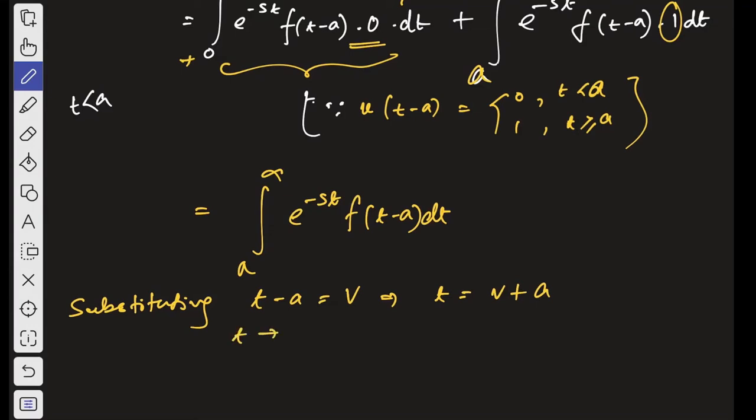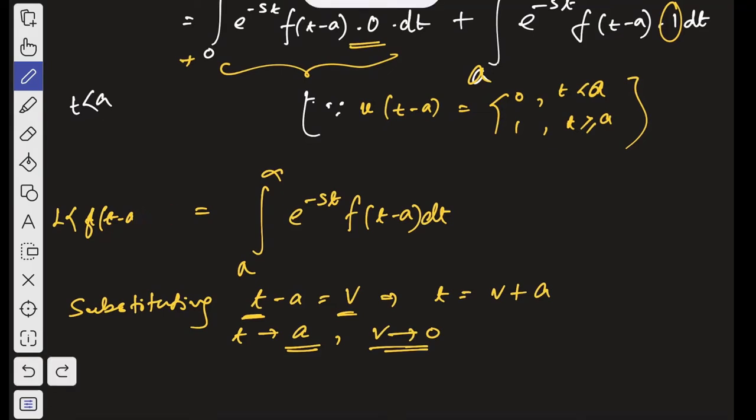And as t tends to a, then b tends to 0. So from here you see when t tends to a, then b tends to 0. So we can write this above result. This is the Laplace transformation of f of t minus a into u of t minus a.